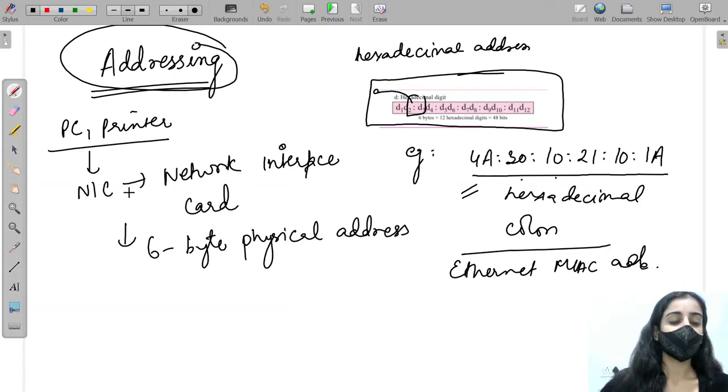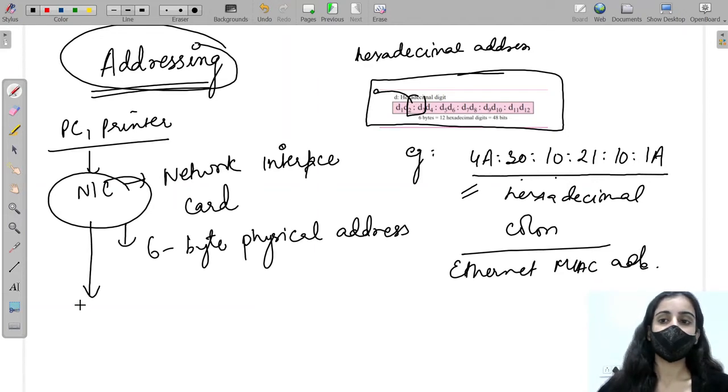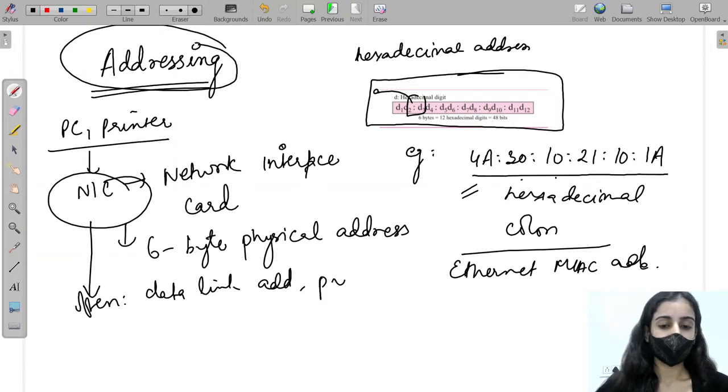One more thing, this NIC address is often referred to as the data link address, or physical address, or MAC address.